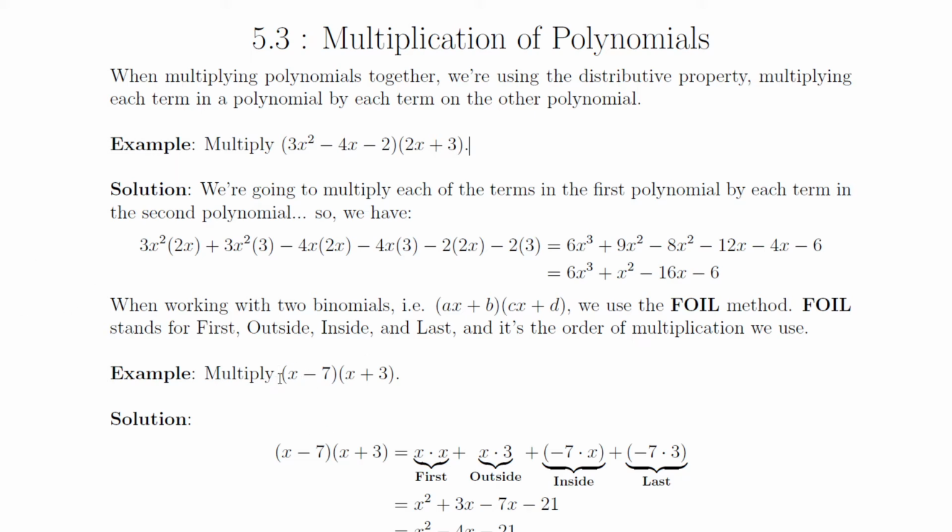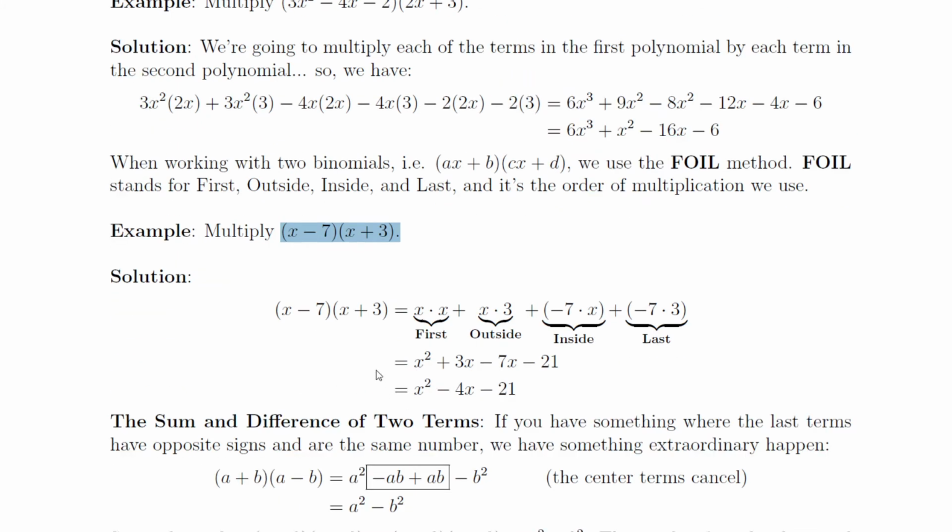So, for example, I have x minus 7 times x plus 3. When I multiply them all out, I'm actually using FOIL: first, outside, inside, last. FOIL first, so the x's; the outside, x times 3; the inside, minus 7 times x; and the last, so minus 7 times a positive 3.